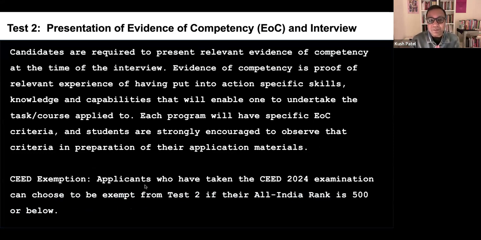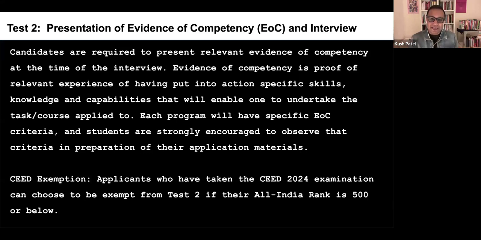And how is that distinct from evidence of competencies? This is where you become narrower in terms of thinking of your relationship to the program of choice. So if the statement of purpose is a broader introduction to who you are, your background, and your interest areas in pursuing postgraduate studies, evidence of competency is providing samples of work, whether it is artistic, scholarly, single-authored, collaborative, academic, professional.